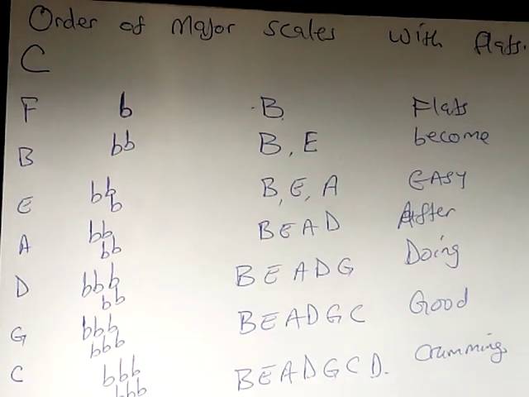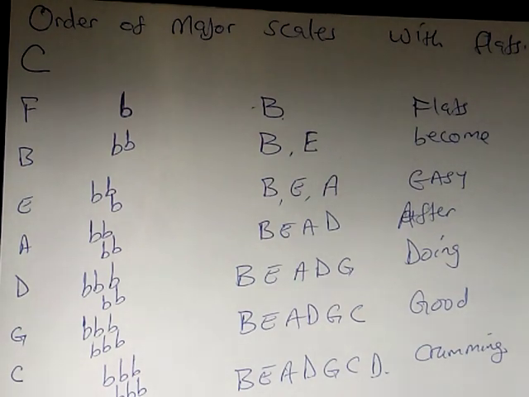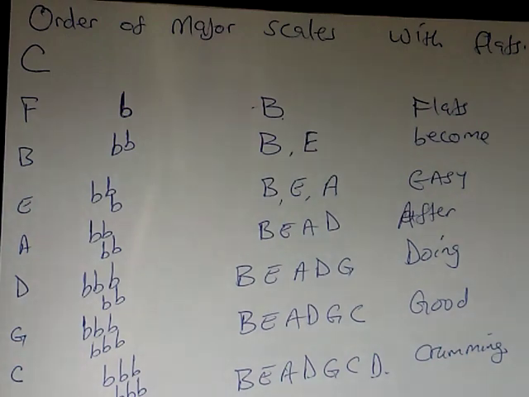Of course, the first C, we have held it constant. We know we don't have any flat in C natural major scale. Remember, we have F sharp major as we have seen in the previous.